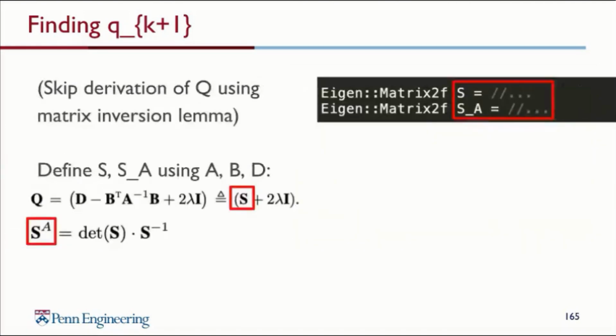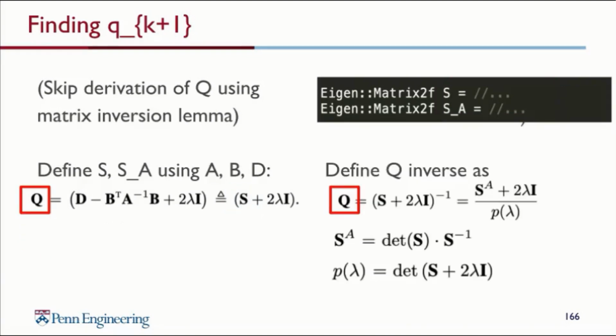Now, there are some additional steps in this derivation. But basically, the matrix Q and its inverse Q are defined in terms of the matrix S and S of A, as shown here. And so in this assignment, you have to define the matrix S and S of A using the A, B, and D submatrices that we found in the previous step.